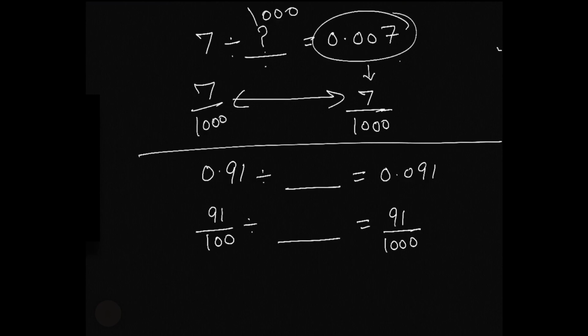So 91 by 100 should be divided by which number to make it 91 by 1000? It is short of one 0. Yes. If I divide this by 10, the 10 will go down and you will get 91 by 1000. Right? So it is easy to understand. So we can think of decimals in terms of fractions and fractions in terms of decimals. Then we will be able to connect better.